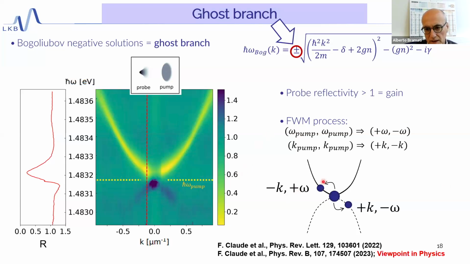Indeed, when the probe is, for example, resonant with this Bogoliubov mode, it generates by four-wave mixing a corresponding Bogoliubov mode on the ghost branch, which conserves the energy and the total momentum. So with this technique, we can also measure very precisely the ghost branch that you can see here.